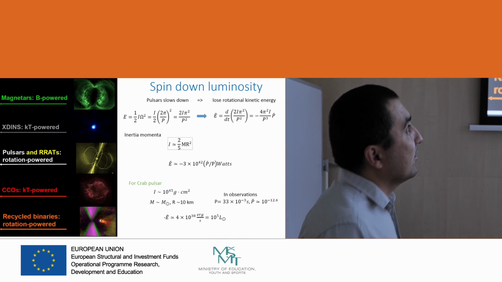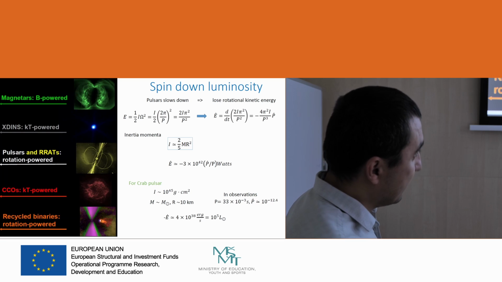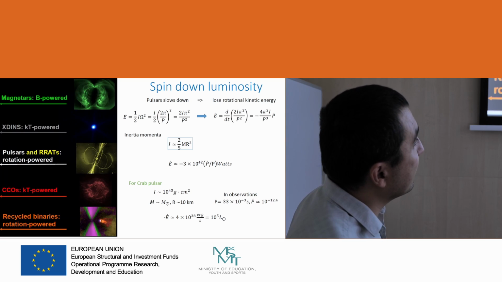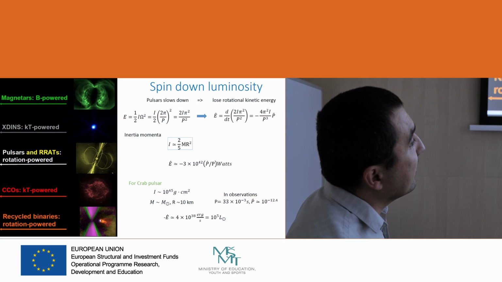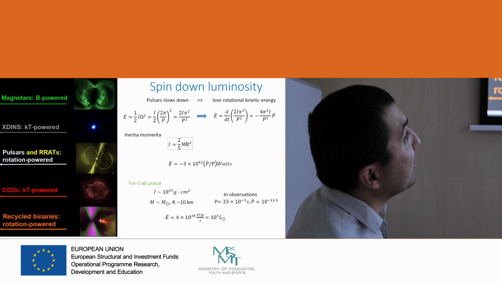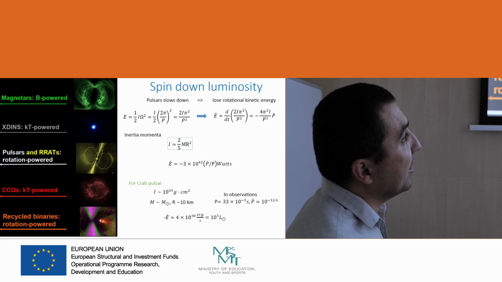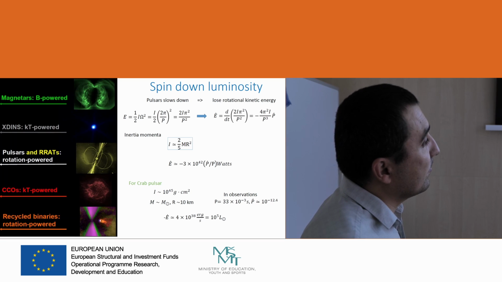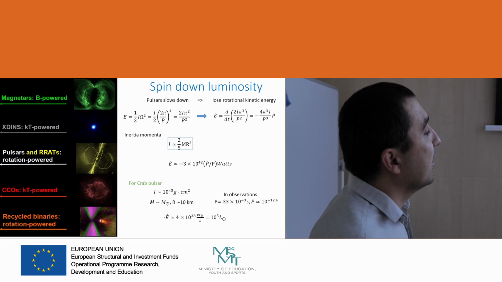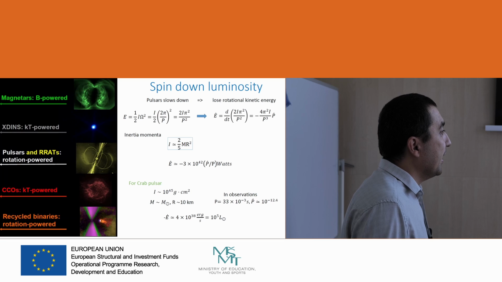Simple estimations show that the rate of energy losses from rotational kinetic energy for the Crab pulsar is about 10 to the 38.